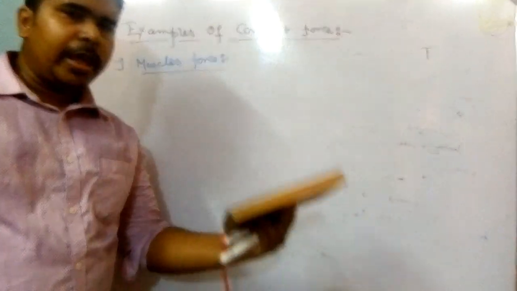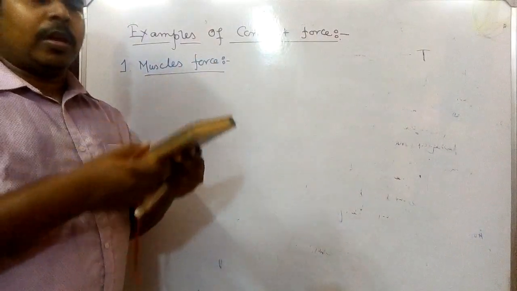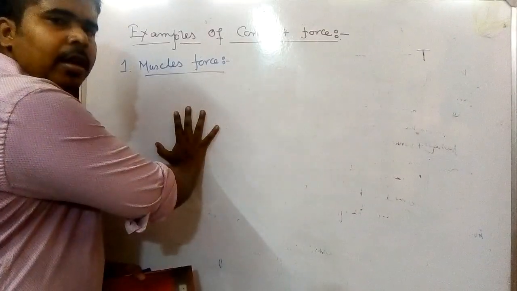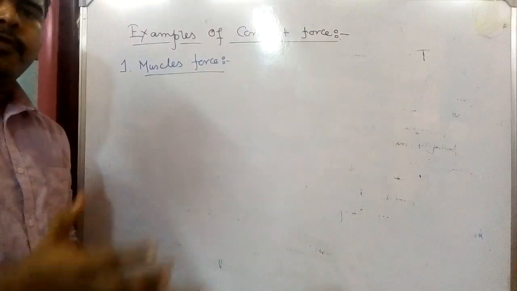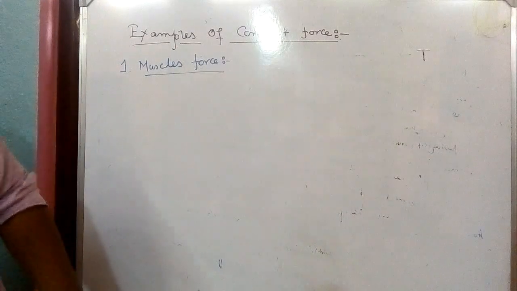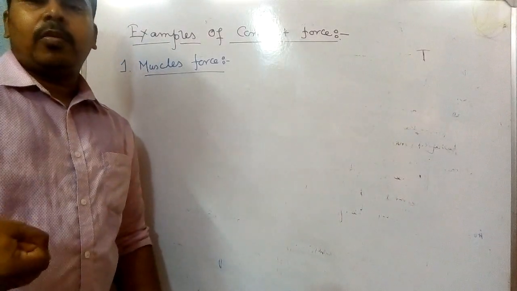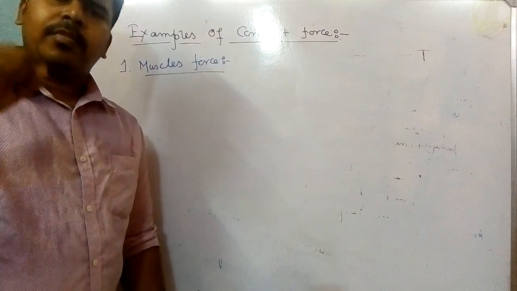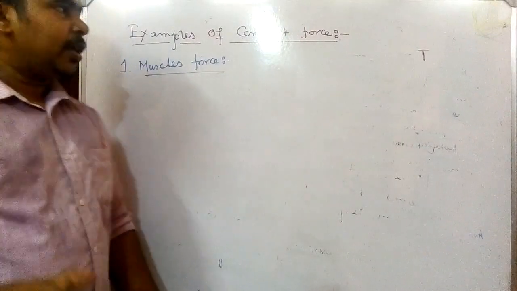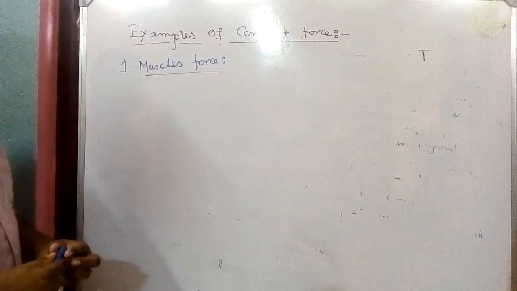I am pulling the book, I am lifting the book, I am pushing this board. Everything is known as muscle force. You are just taking an object, lifting one bucket of water. Everything is muscle force. Muscle force is one kind of force.